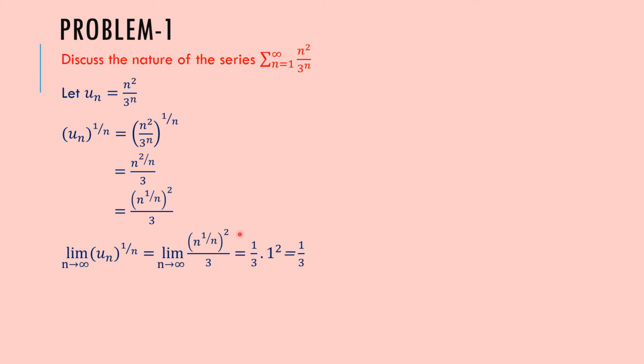So 1 by 3 is constant into 1 square, which is 1 by 3, which is less than 1. So by Cauchy's root test, this sigma un is convergent, because Cauchy's root test says that if this limit is less than 1, then the series is convergent. If it is greater than 1, it is divergent. And if it is equal to 1, then the test fails. Here it is 1 by 3, less than 1, so the series is convergent.